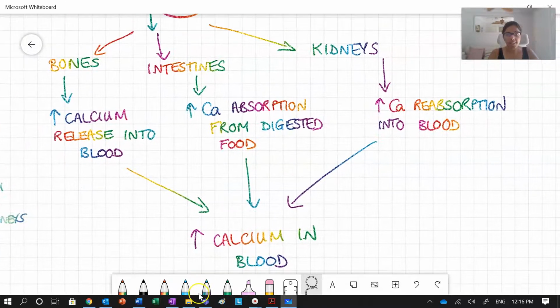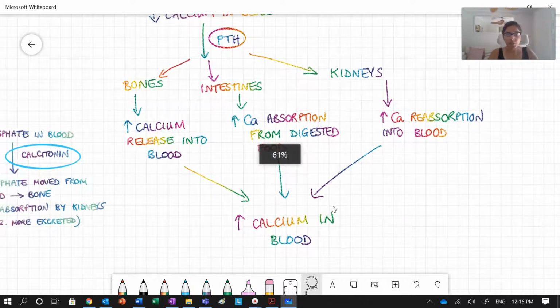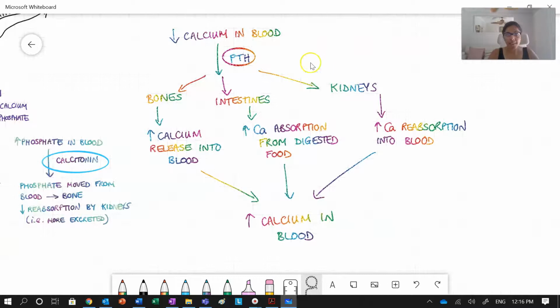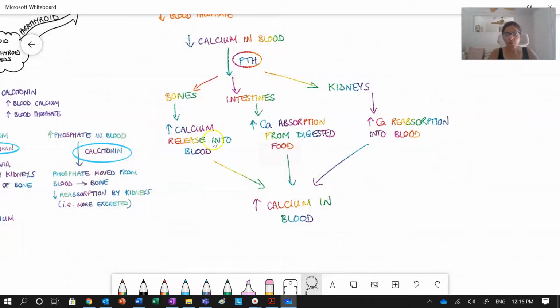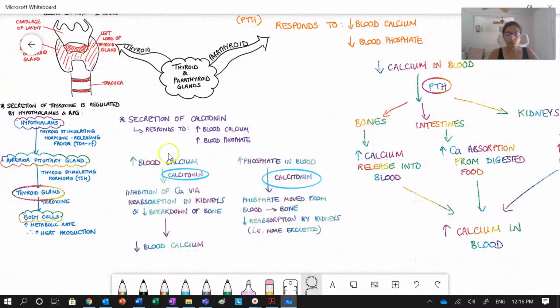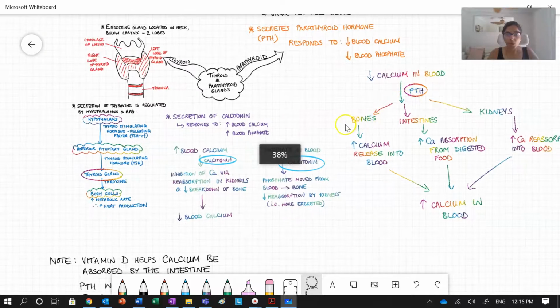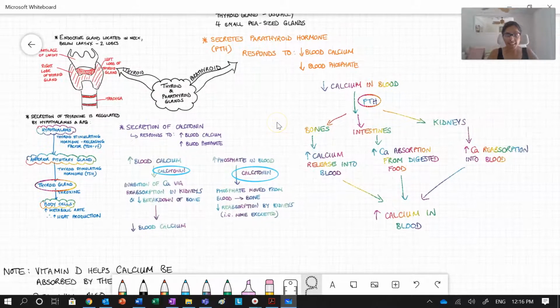But this is mainly what we focus on. So just zooming out so you can see that whole thing. This is the mechanism of parathyroid hormone, and this is the mechanism of calcitonin. And these 2 work in opposition or antagonistically to each other.